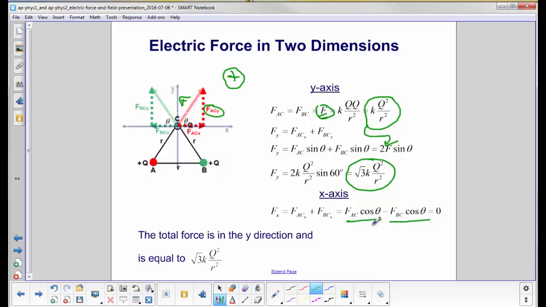We know that FAC equals FBC equals F, so they cancel out, they're equal to 0. So the total force on charge C in this configuration is in the y direction. You have to specify the direction, and its magnitude is radical 3 times k times Q squared over R squared.